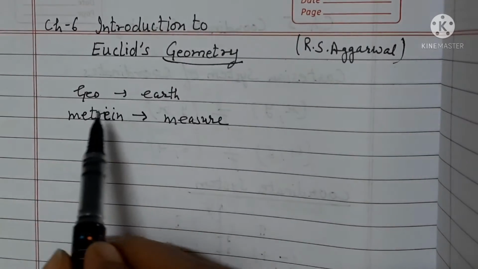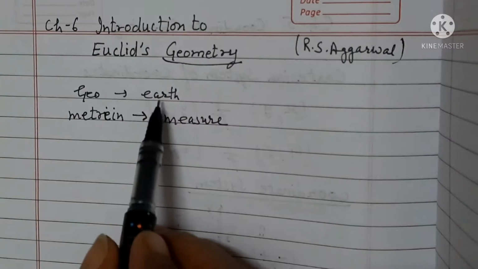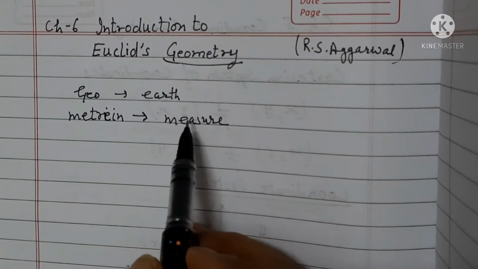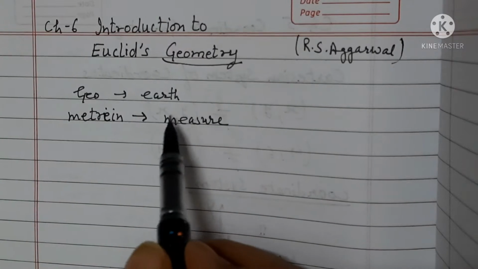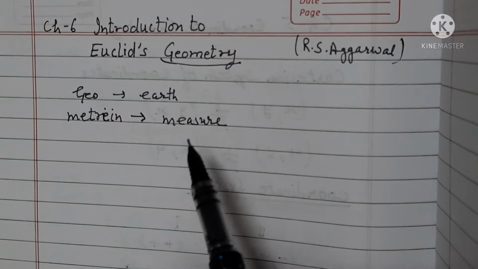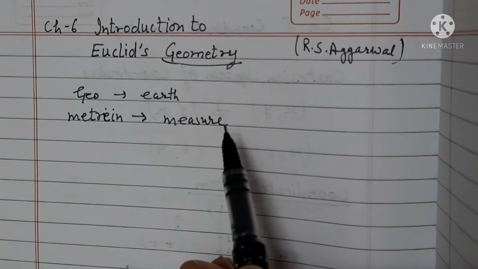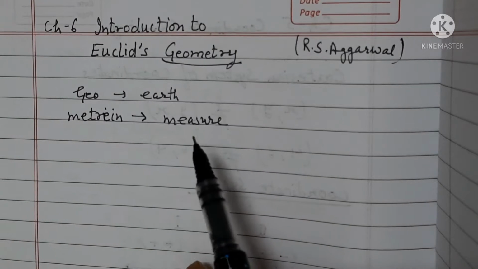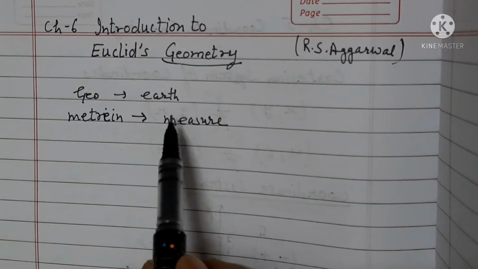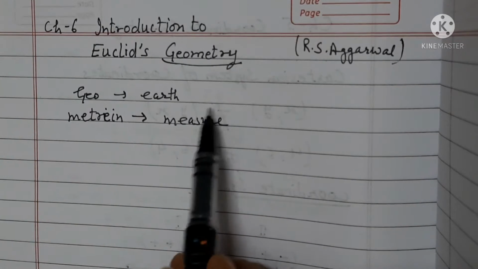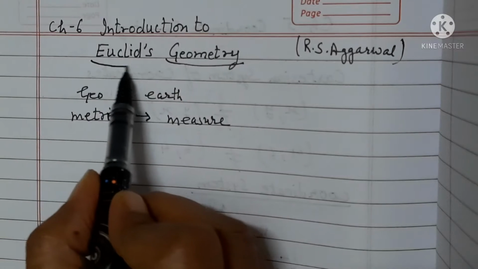So geometry, geo and metrion, is divided in two parts. It means here we will study the measure of the things which are present on earth, and which type of things we have to measure, and who explained such type of geometry, the name Euclid.